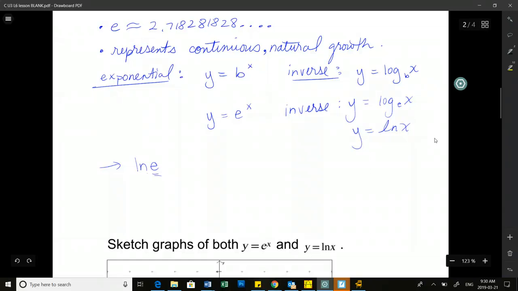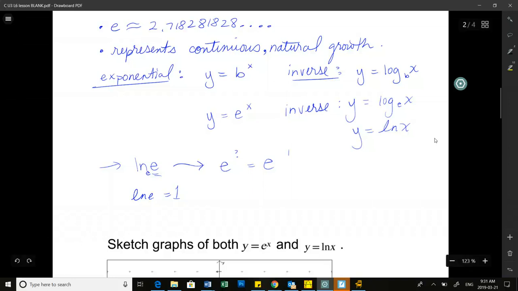So if the imaginary base of ln is e, I'm really asking myself, e to what exponent gives me back e? 1. So the ln of e is actually equal to 1. Because the base of that logarithm is e. So if you ever see the ln of e in your travels, you can replace it with 1.